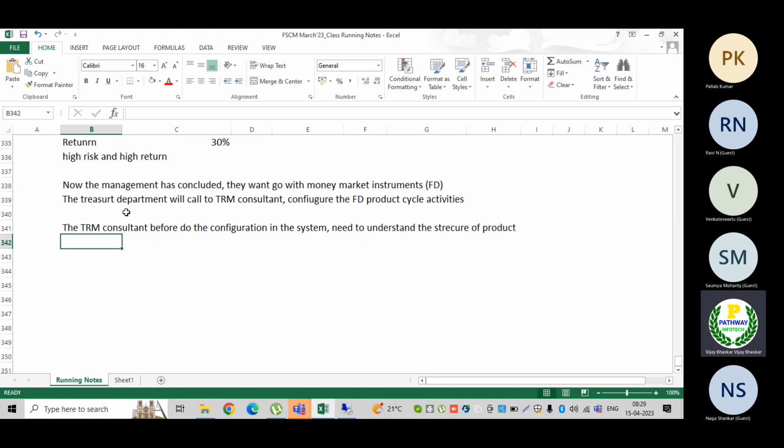How can we structurize the product in the system? Structure in the sense of how we need to map it into the system.